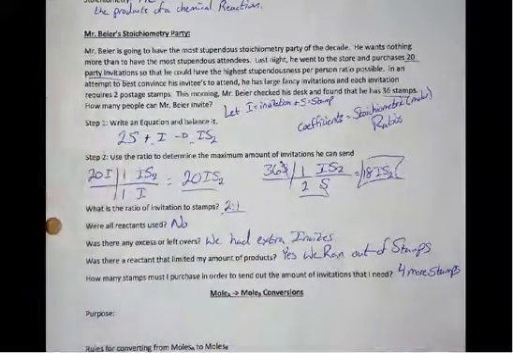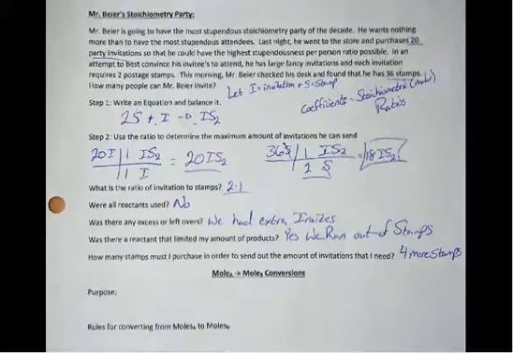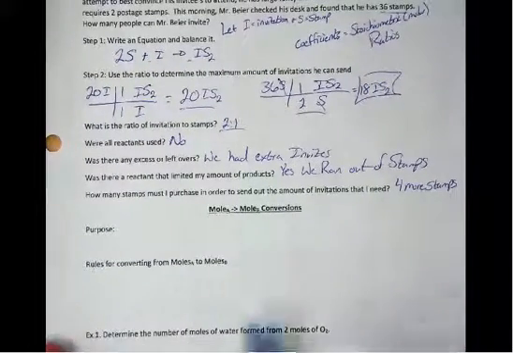All right, now that we've seen this in a real life problem where we can imagine what an invitation looks like and what a postage stamp looks like, we're going to apply this to chemicals.